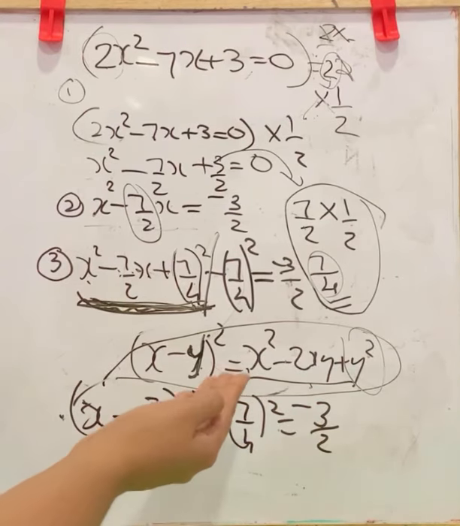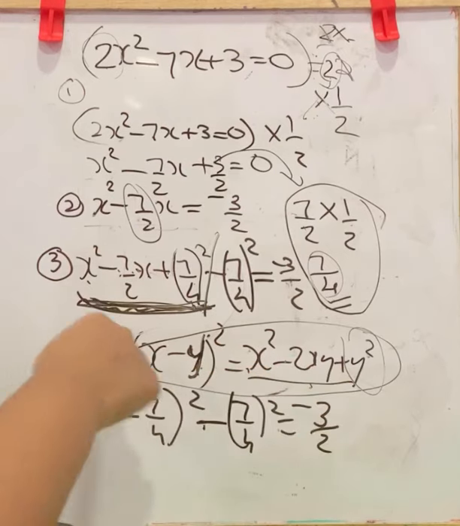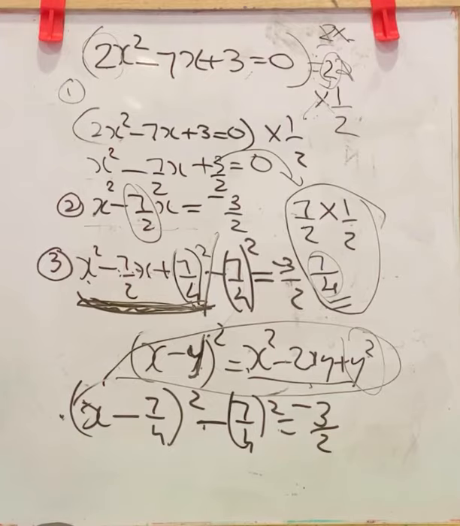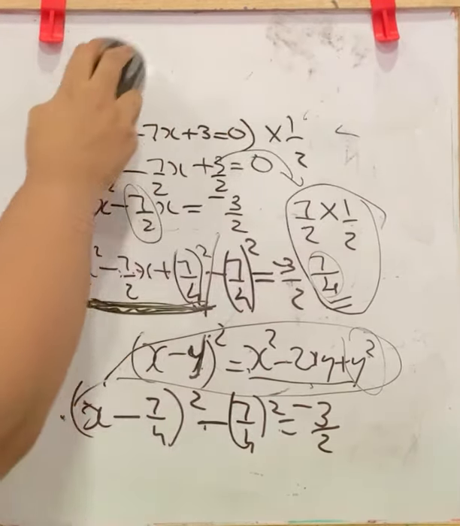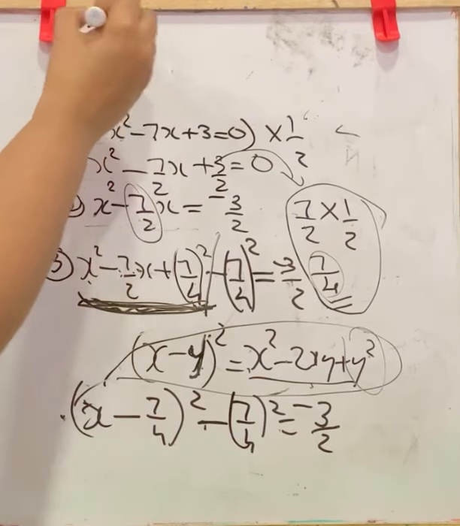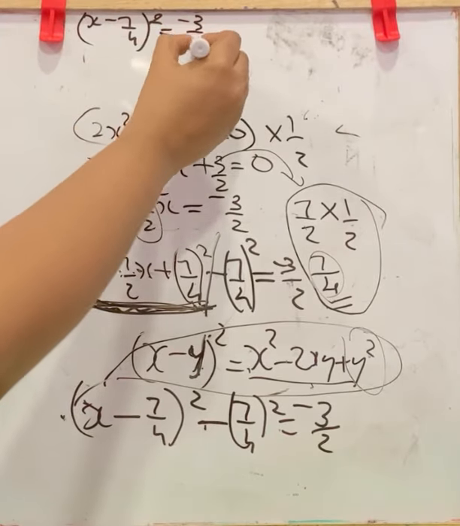Next thing is that we have to take this constant term to RHS and you have to take the LCM and find the result. Okay. So here we have x minus 7 by 4 whole square equal to minus 3 by 2 in RHS.